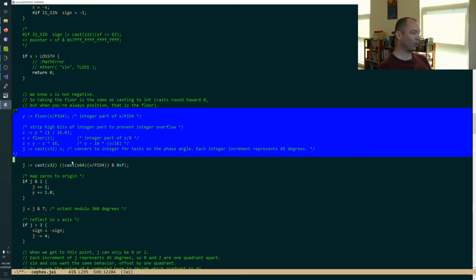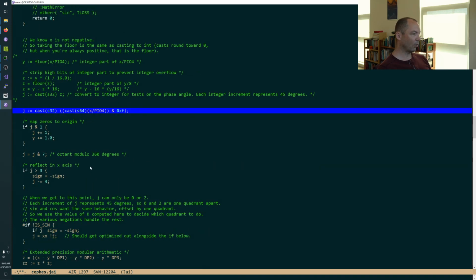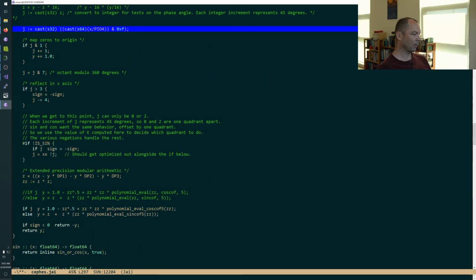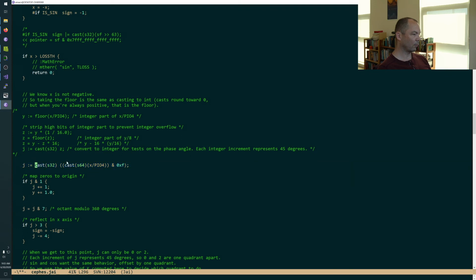All of this code is just that, I think. And the S32 is not even really necessary, right? We don't need that.